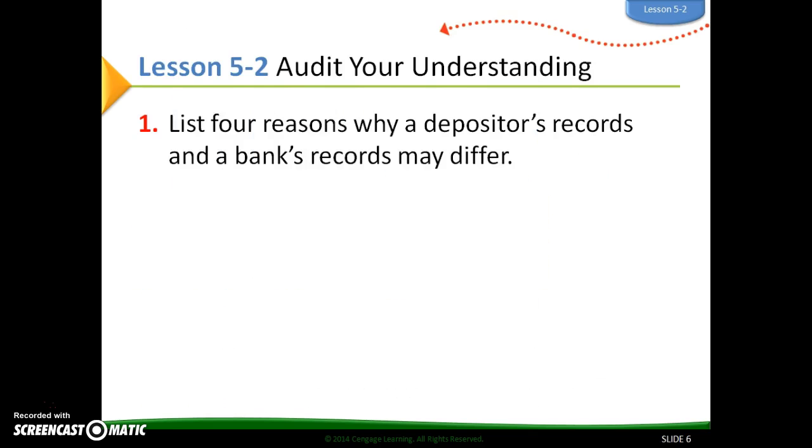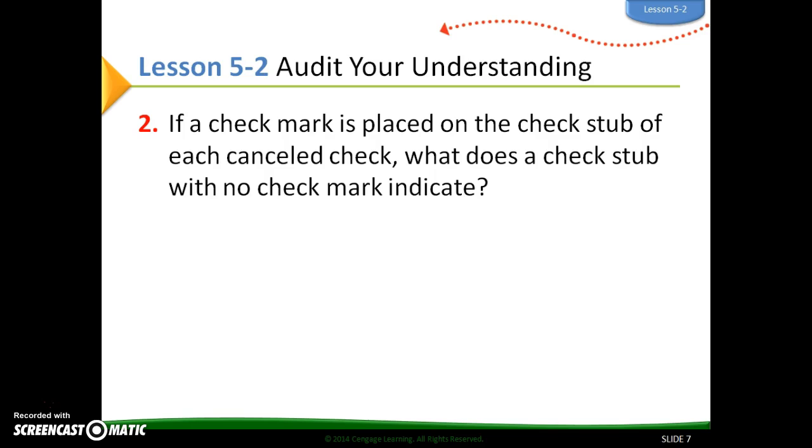So the last question here says, if a check mark is placed on the stub of the canceled check, what does a check stub with no check mark mean? So you should be able to identify that that is something that's outstanding.